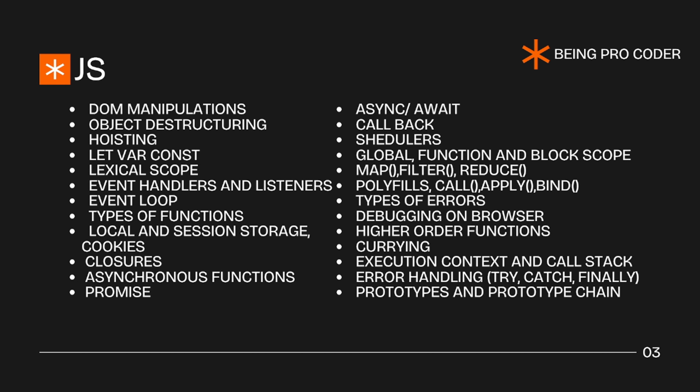The environment where code is executed and the order of execution can be learned from execution context. Error handling, we can use try, catch, and finally blocks to handle a particular error. Prototypes and prototype chaining can be considered an important topic, a mechanism for inheritance in JavaScript through objects.